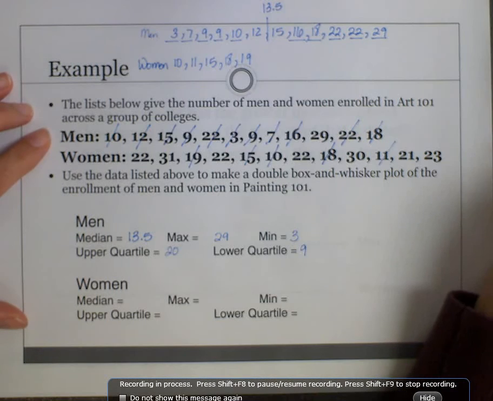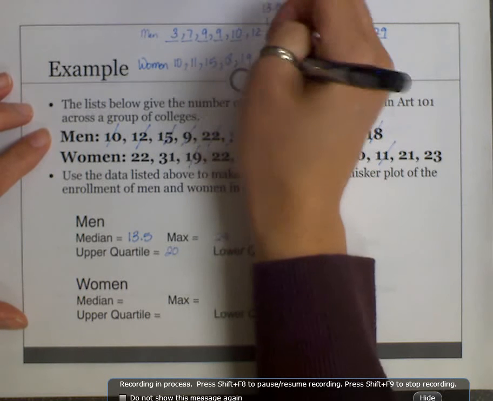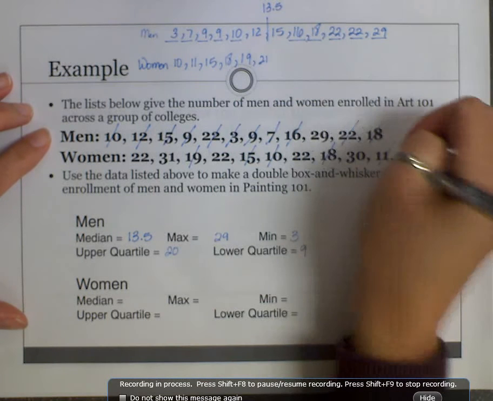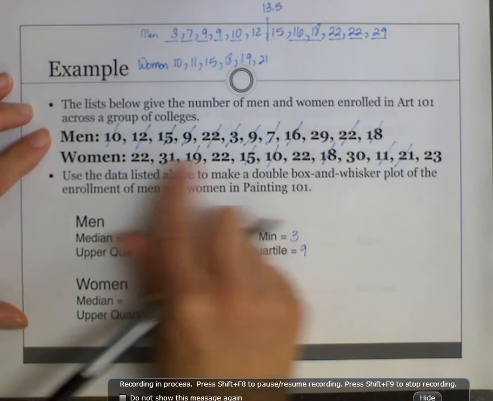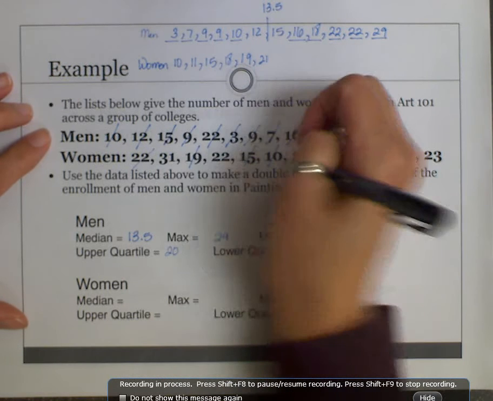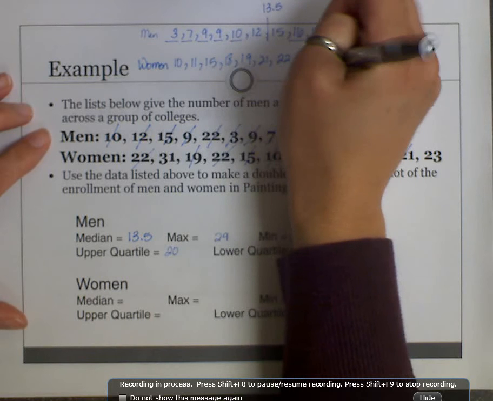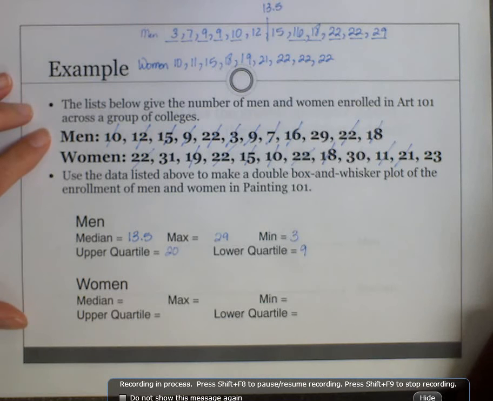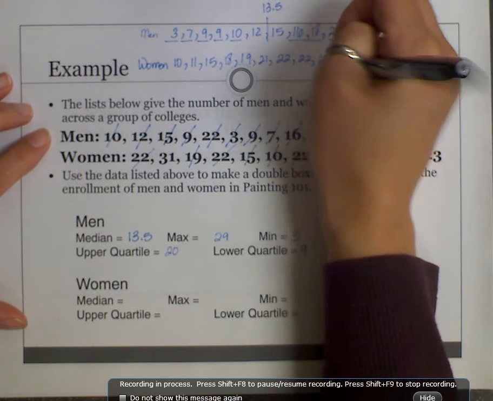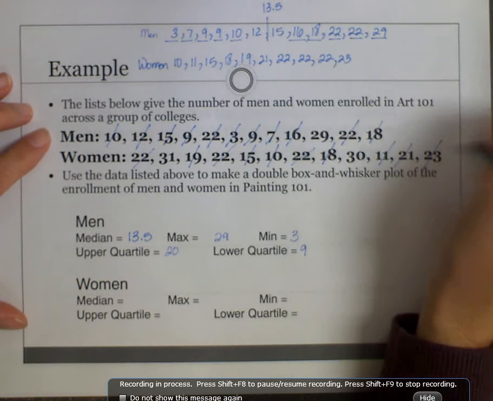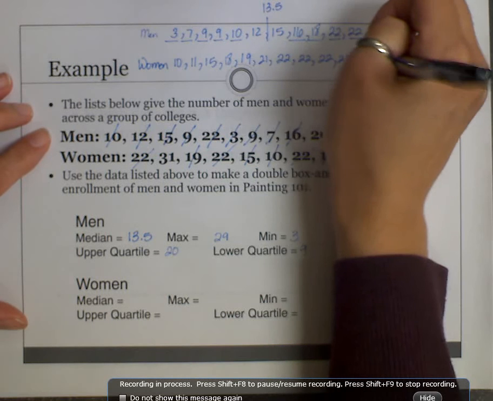And then we have 21. And we have 22, 1, 2, 3 times. Okay, and next we have a 23. After the 23 is a 30, and we end with the number 31.